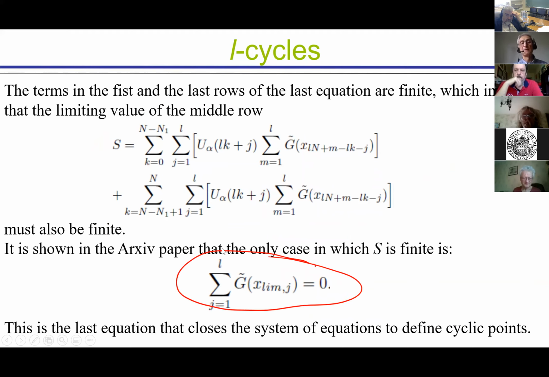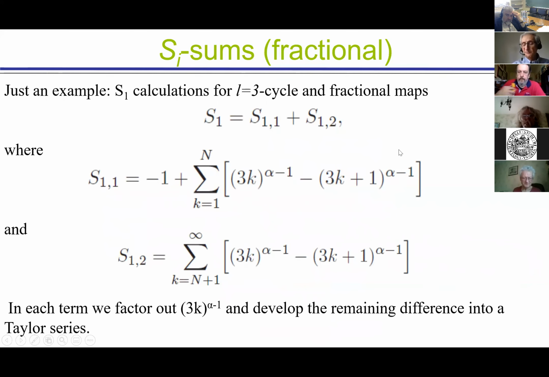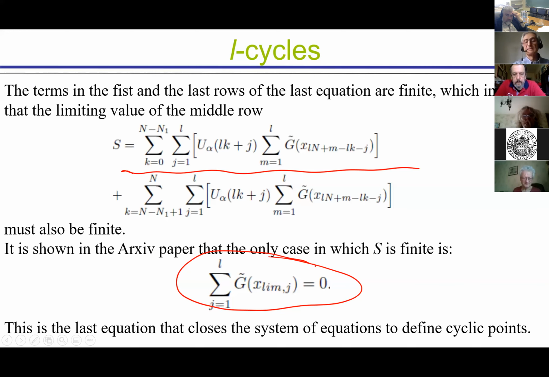This is the only condition on which that middle row on the previous page would be a finite value. And again, we simply split the total into two totals. And again, the exact proof is in that paper. So now we have L equations which define L periodic points.